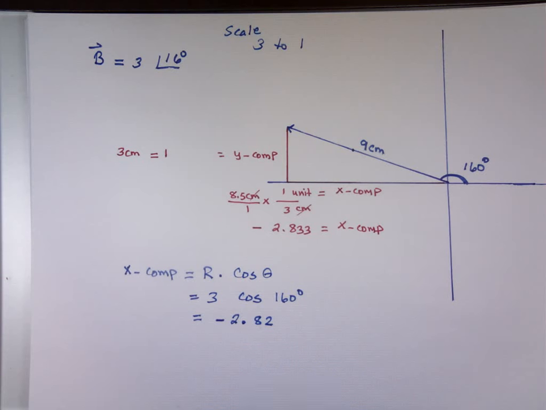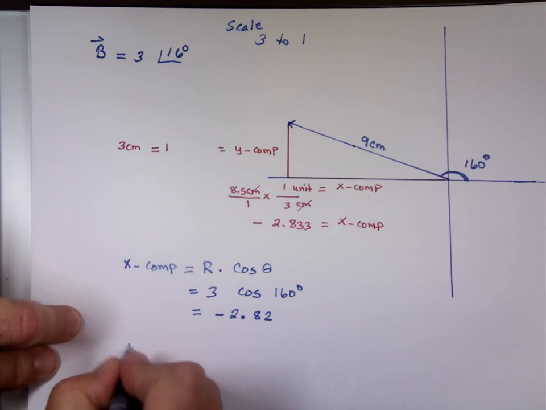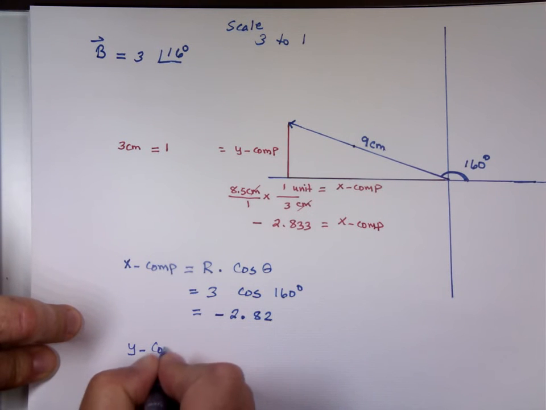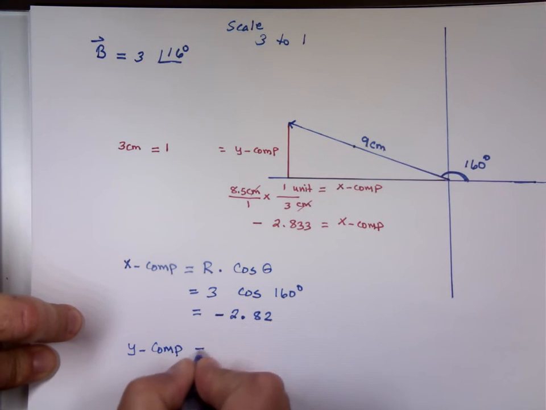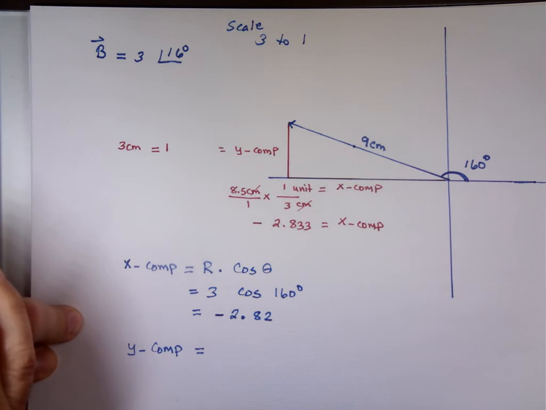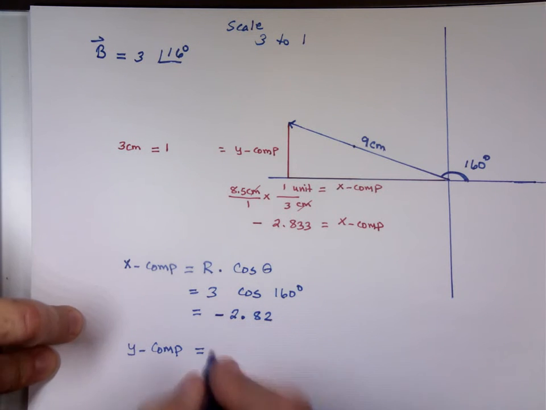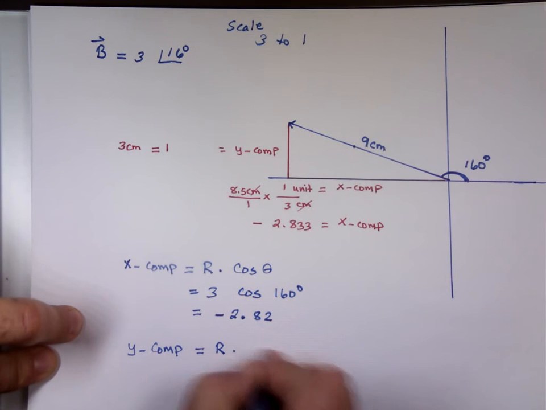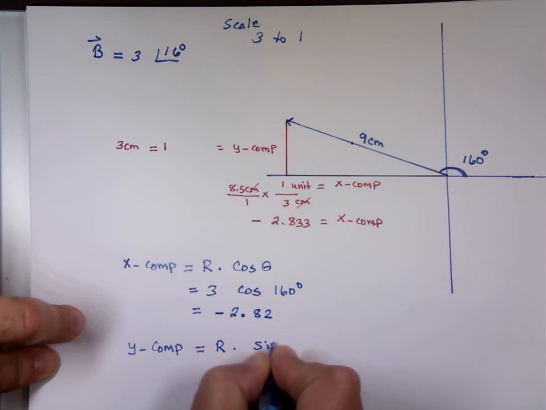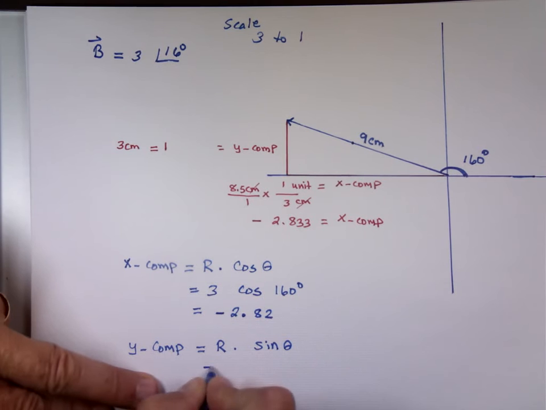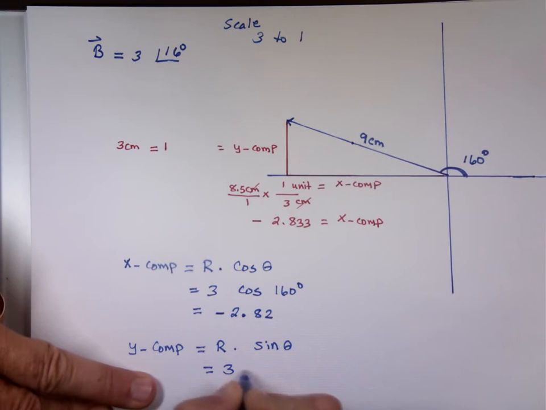And what about the y component? Equals what? R times the sine of theta. R is 3, times sine of 160.